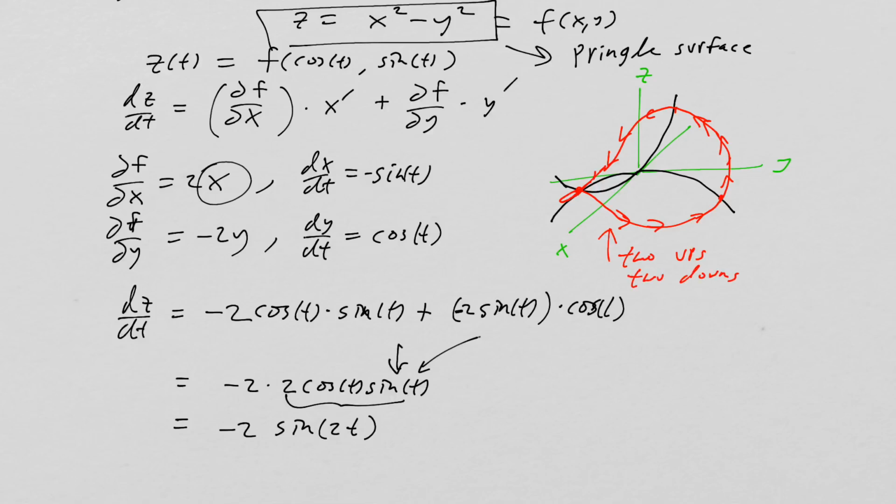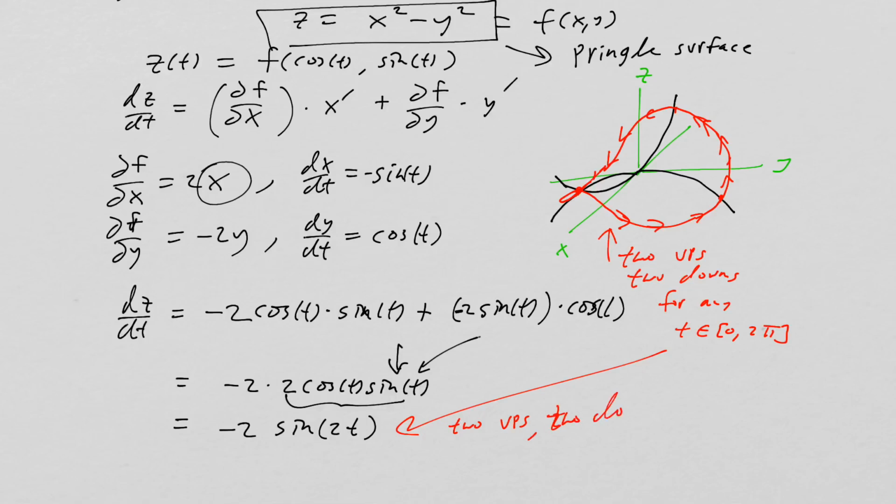What we see here is there are actually 2 ups and 2 downs for t going from 0 all the way to 2 pi, anytime we go around a full circle.